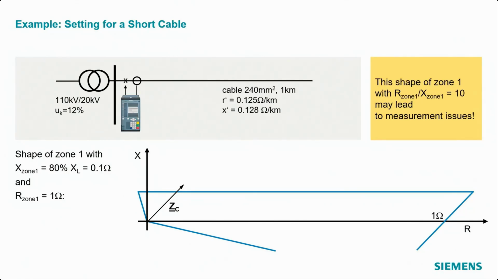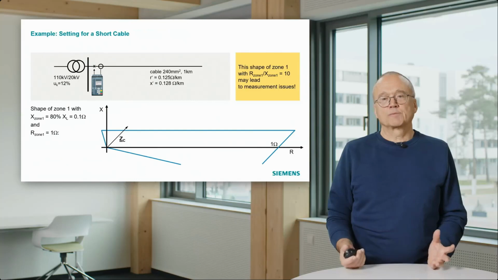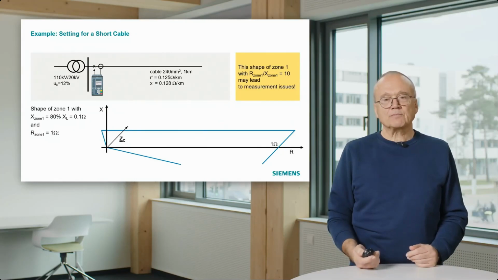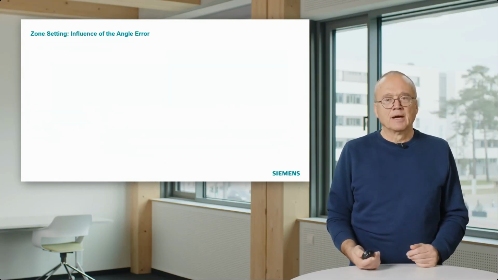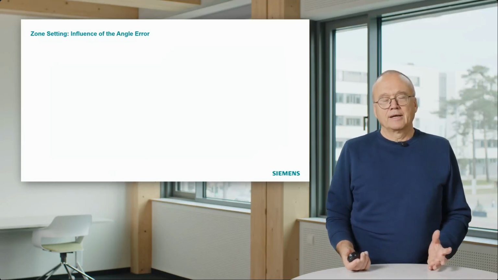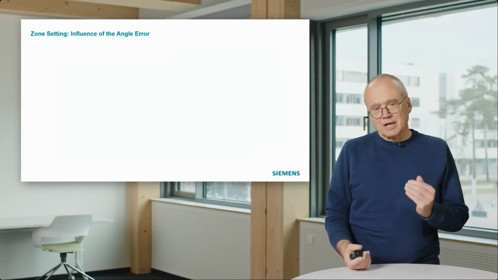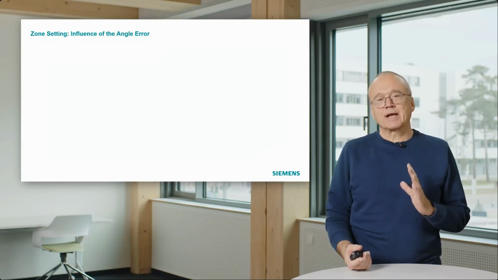So you should be aware of that. So the question is, why can this wide setting cause problems with the measurement? To understand that, I would like to discuss the influence of the measuring angle error.